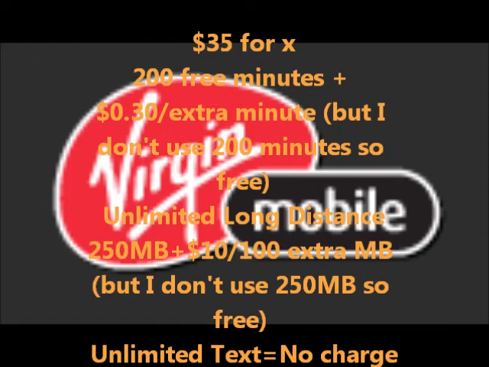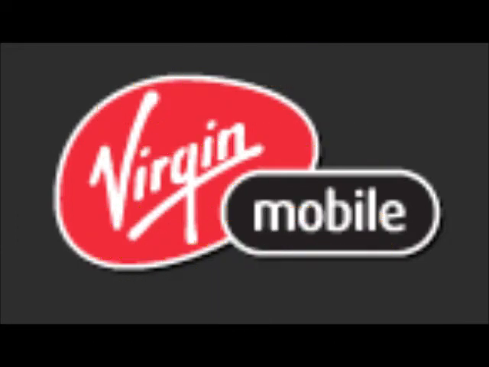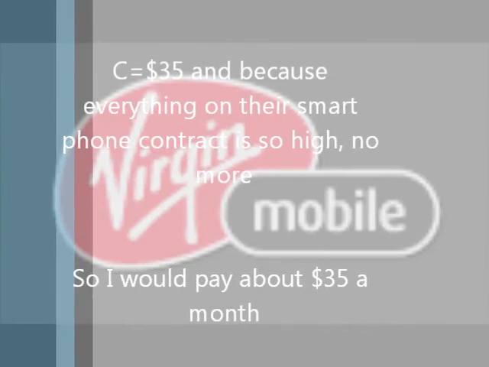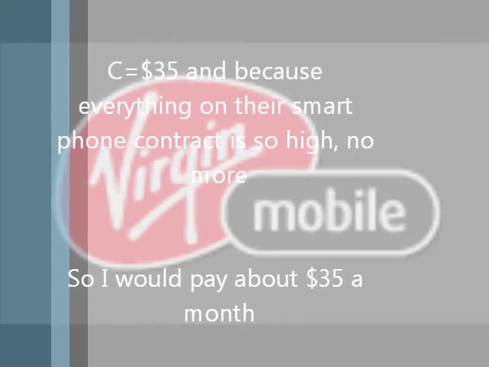These are the statistics for Virgin Mobile. Because the deals on everything are so high, the minutes, the text messaging, everything, I can't really make an equation for this. So I would just end up with $35 as C, so I pay about $35 a month.